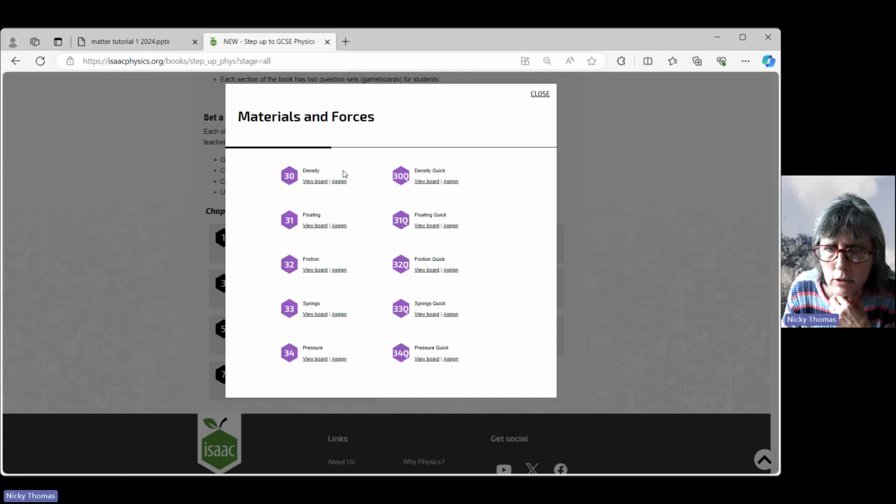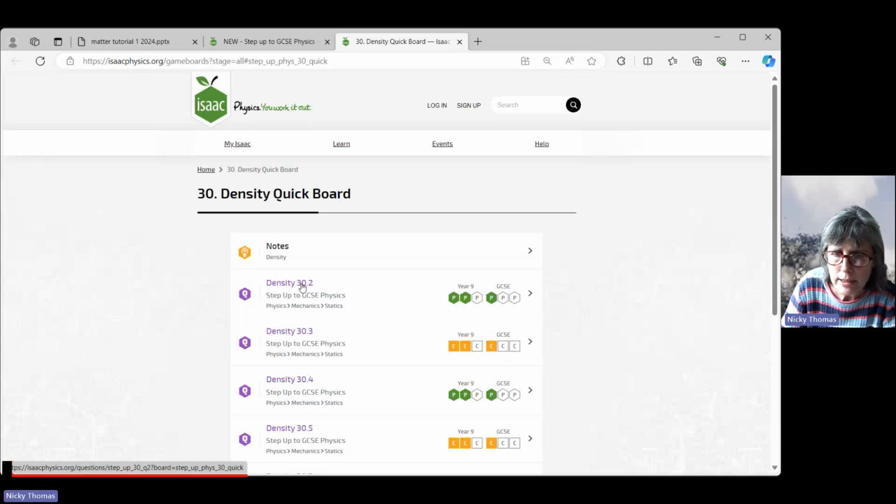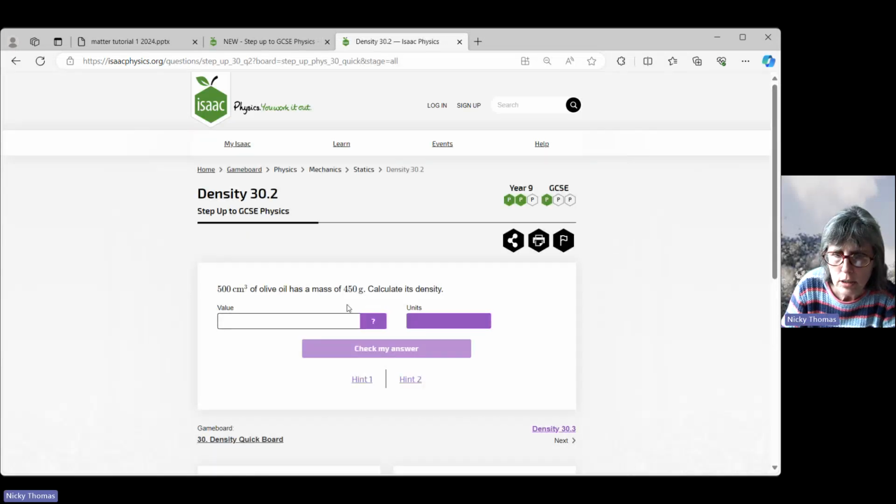You can see I've got questions linked to materials and forces, and there's a question on density, view board, and also a density quick view board. Let's look at the quick one. If I click on view board, I get some straightforward questions. I'm going to click on that question. 500 centimeters cubed of olive oil has a mass of 450 grams, calculate the density.